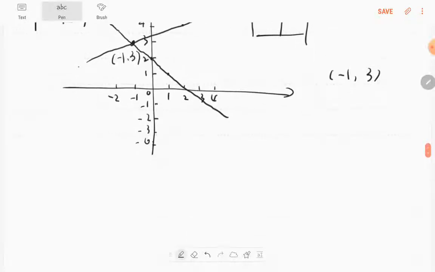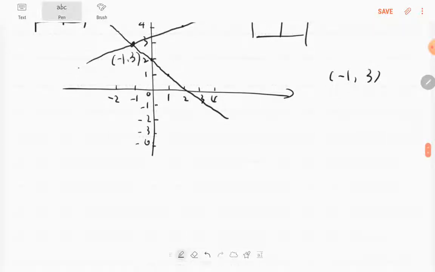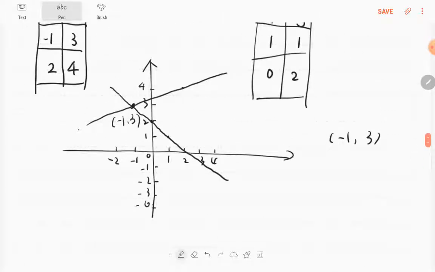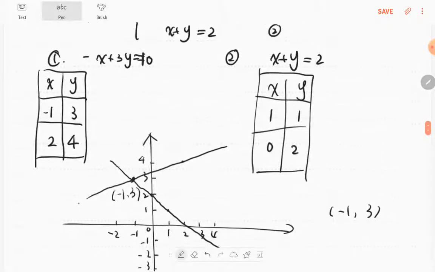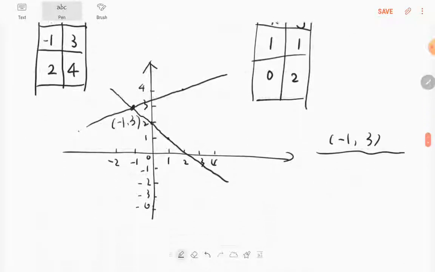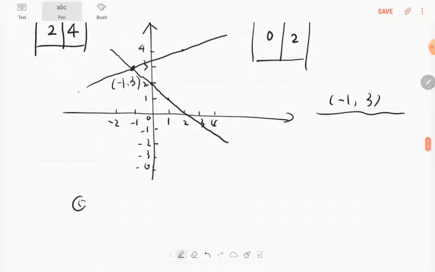So next step, we're gonna test if this ordered pair is the solution for both straight lines. So let's go back to the first objective, right? We have the pair now, and we're gonna use it to test.